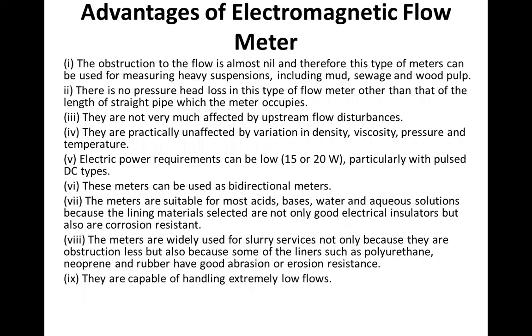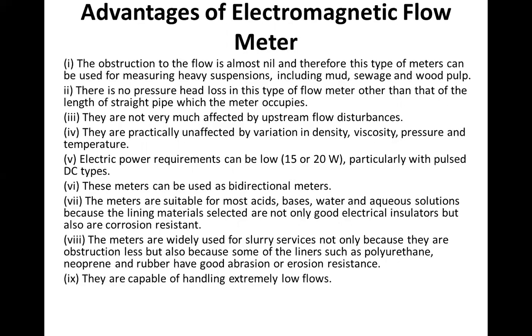Advantages of electromagnetic flow meter. The obstruction of the flow is almost nil, and therefore this type of meter can be used for measuring heavy suspensions including mud, sewage and wood pulp. There is no pressure head loss in this type of flow meter other than that of the length of straight pipe which the meter occupies.